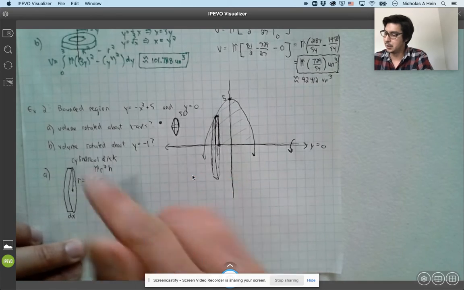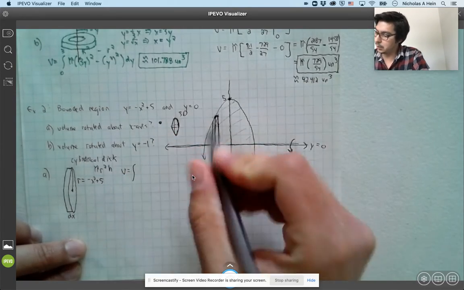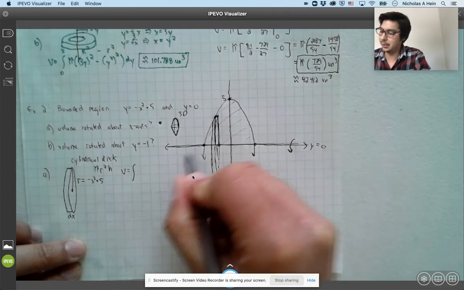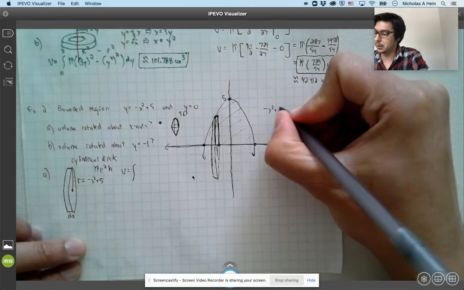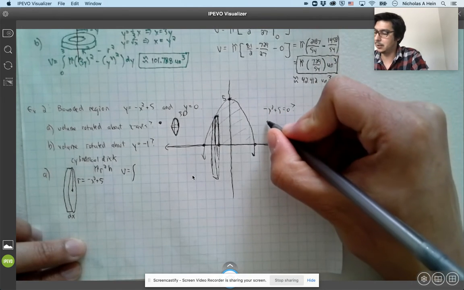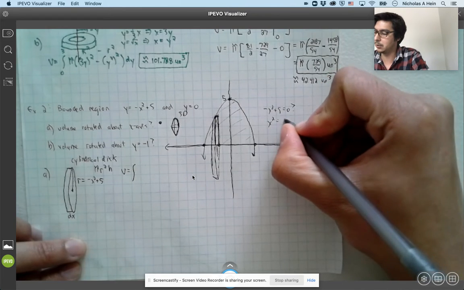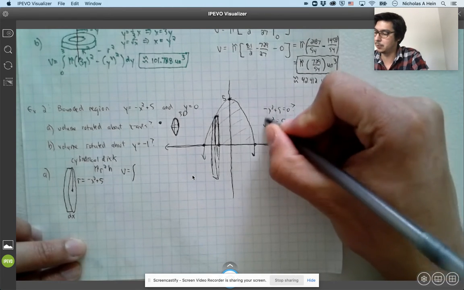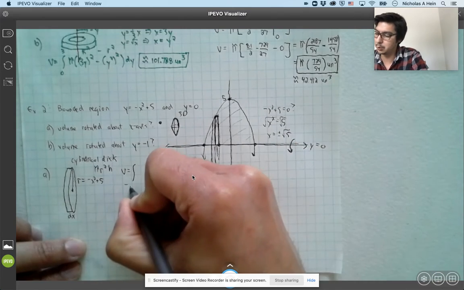So the volume is equal to, now what are the bounds here and here? Now you could, of course, solve for it, right? We could ask when does negative x squared plus 5 equal 0? And then you'll get, when does x squared equal 5? Minus 5 divided by negative 1. And we'll get x is going to be plus or minus square root of 5, which will fill this in.